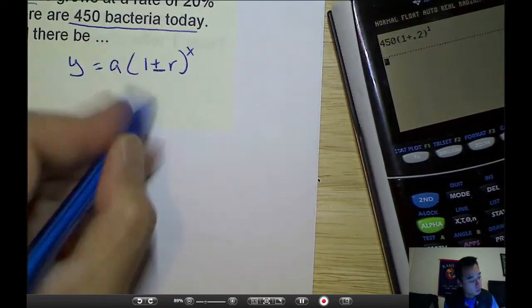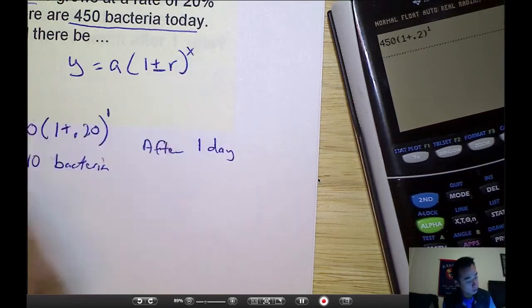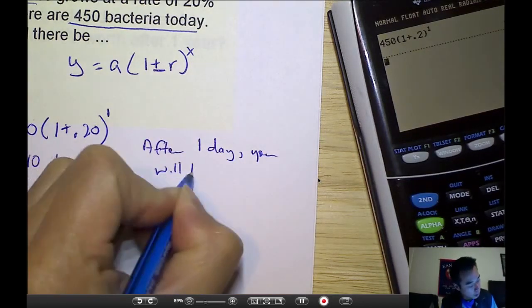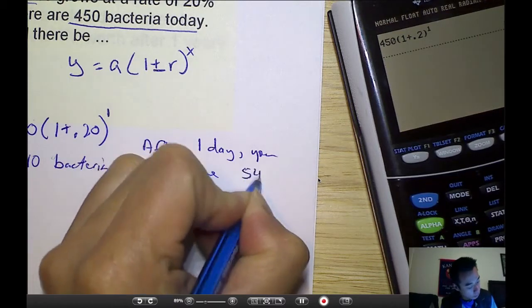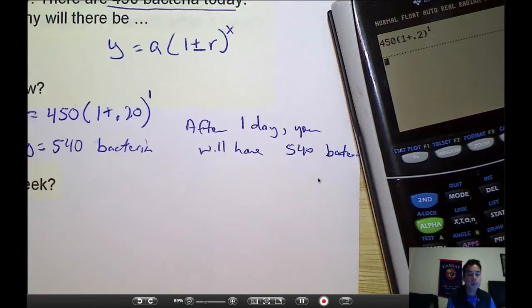Okay, so after 1 day, you will have 540 bacteria.